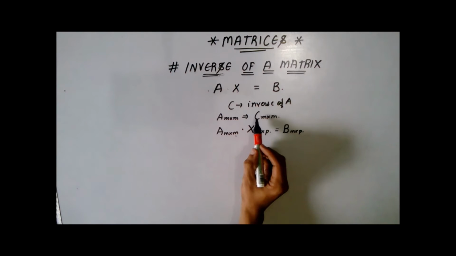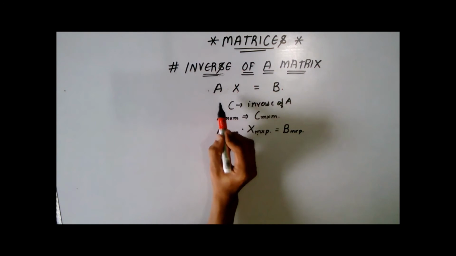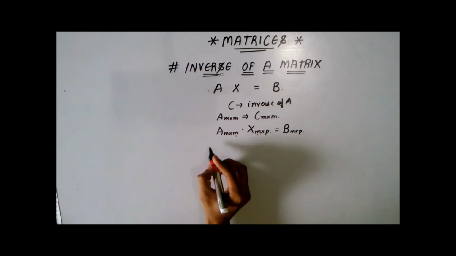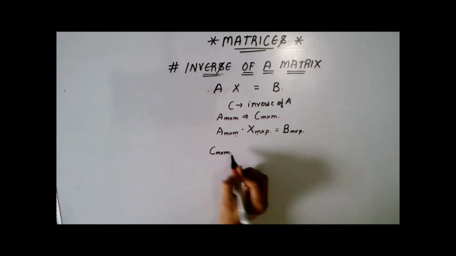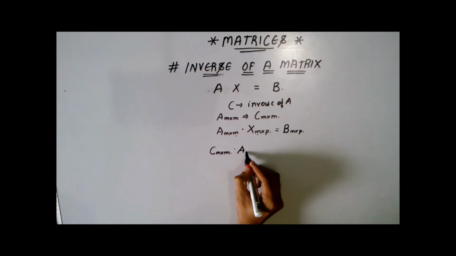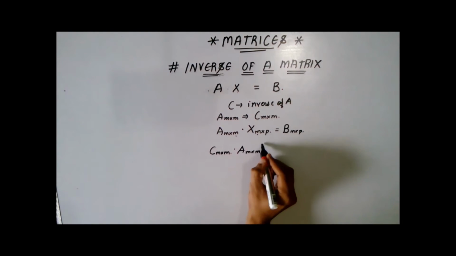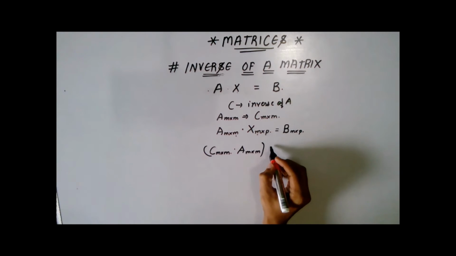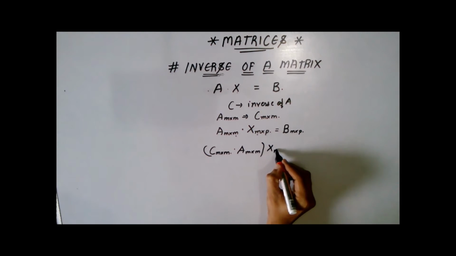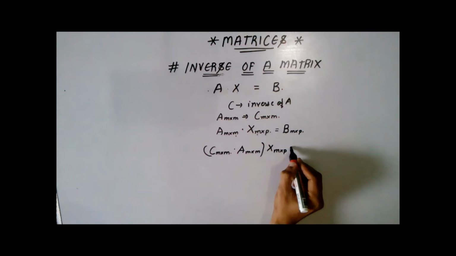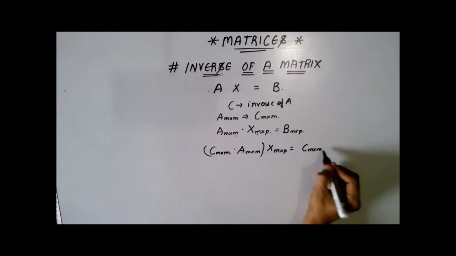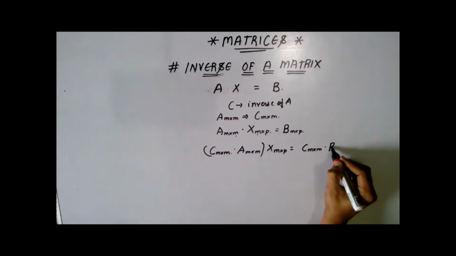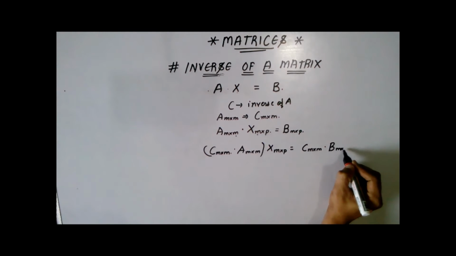Now, if we pre-multiply this C in LHS and RHS, let's see what happens. C matrix has order m by m multiplied by A matrix of order m by m. This whole is multiplied with X matrix of m by p, which is equal to C matrix of m by m multiplied by B matrix of order m by p.